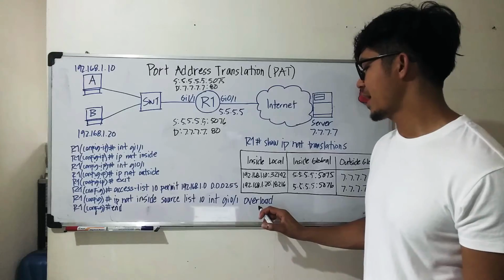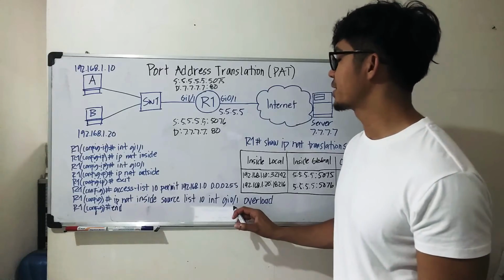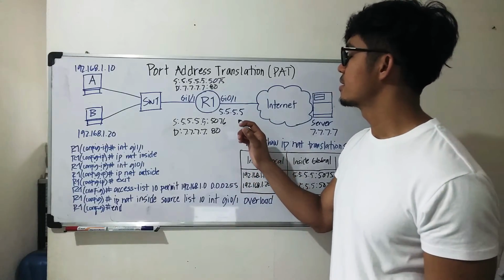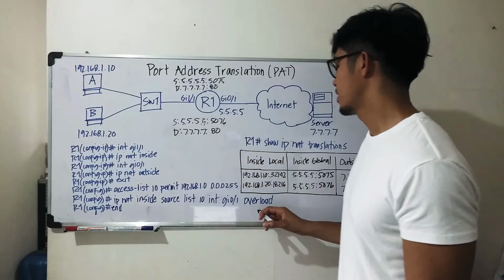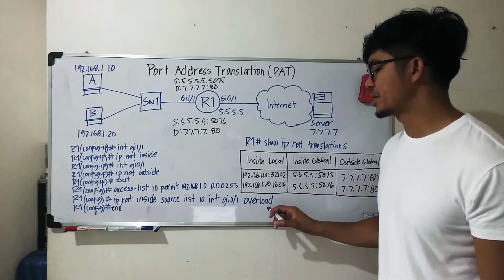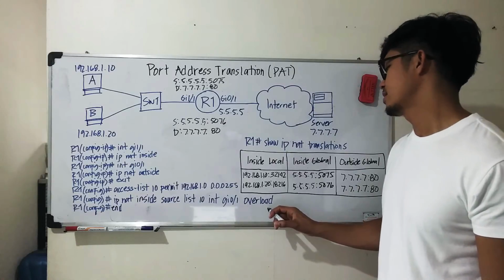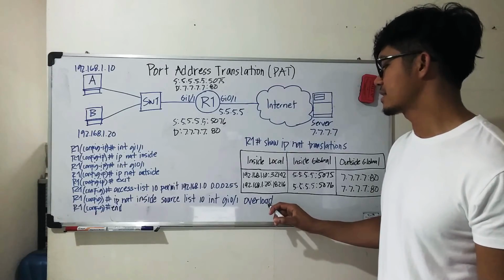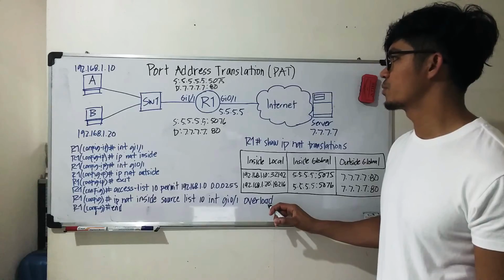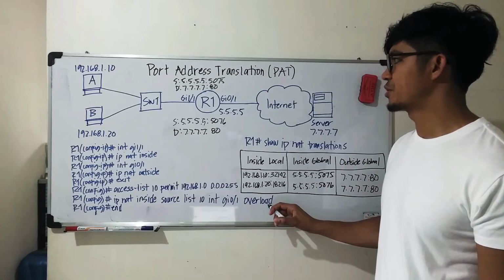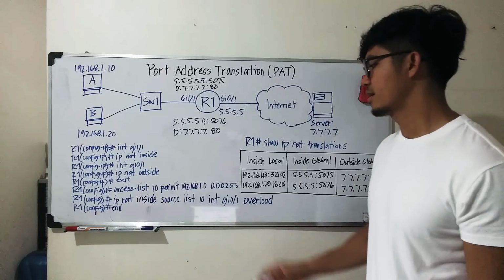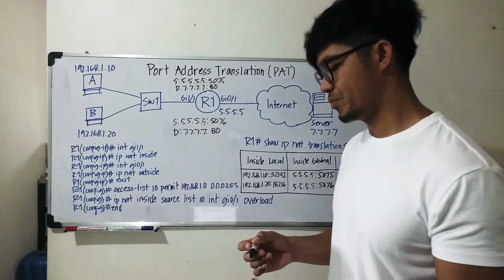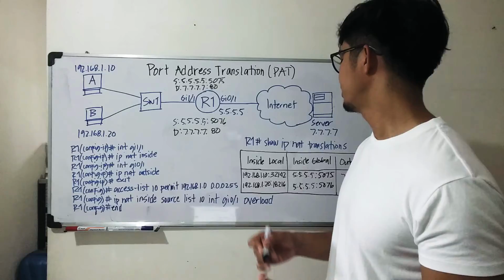If you forget to add this, then you're just gonna use the single IP address. By adding this, this is how you actually configure PAT, or NAT overloading, and that's it. That's how you configure PAT.